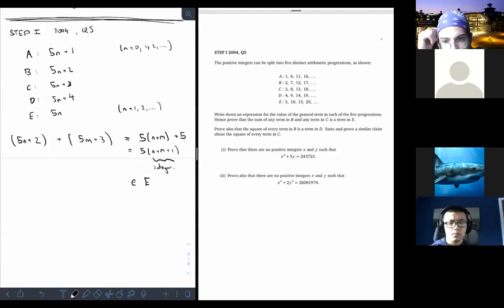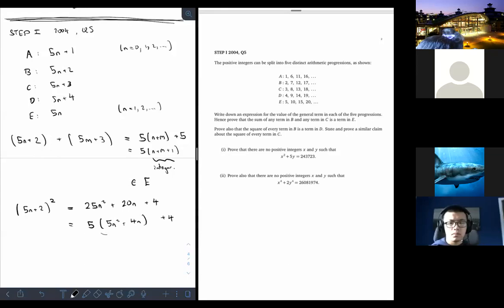Then the next part asks us to prove that the square of every term in B is a term in D. So if we have something in B, that's of the form 5n plus 2. If we square it, we can just expand the brackets. Saving some algebra, this is 25n squared plus 20n plus 4, which if I now collect to write it in the form of D, is 5 times 5n squared plus 4n, plus 4.